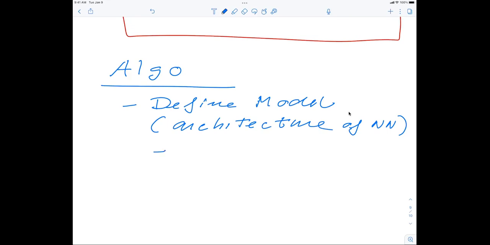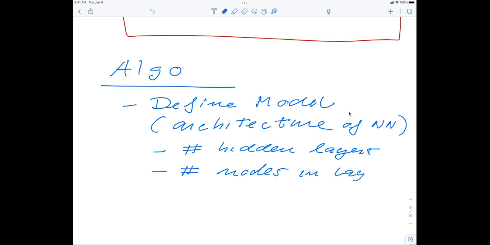It means we need to specify the number of hidden layers, and we need to define the number of nodes in the layers, or number of neurons, as we've also been calling them. So these quantities define the architecture.